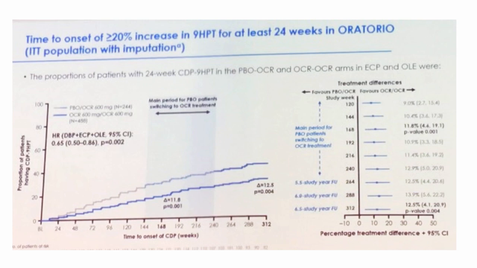So what do these two studies, siponimod and ocrelizumab, tell us? It's quite straightforward. It doesn't take a genius to figure it out. Not that we're not geniuses, but anyway. What that shows is that you've got to go early with these drugs.